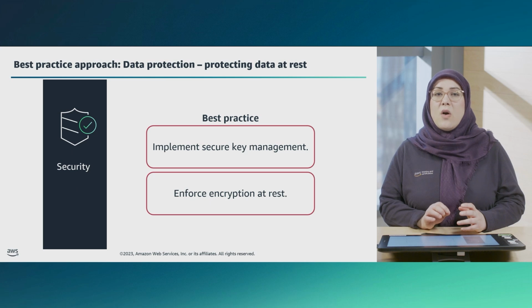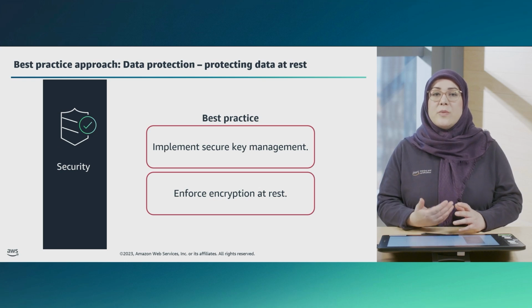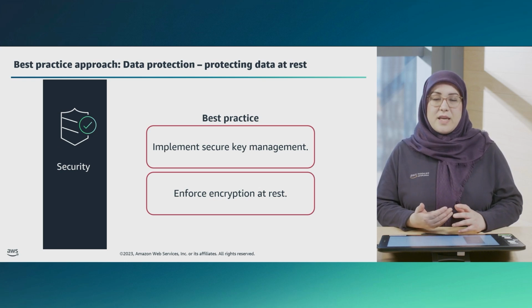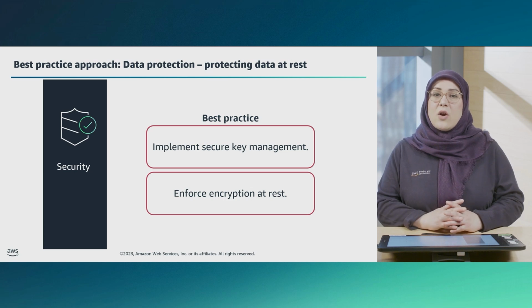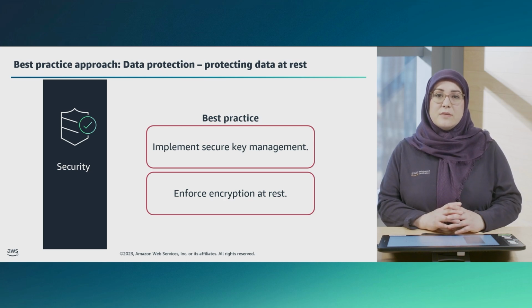DynamoDB encrypts all user data at rest stored in tables, indexes, streams, and backups by using encryption keys stored in AWS KMS. Amazon RDS encrypts your databases by using keys that you manage with AWS KMS.